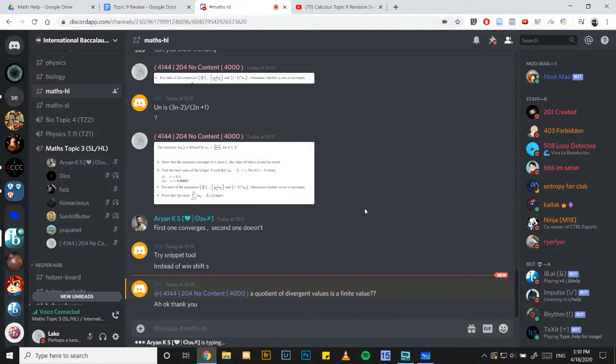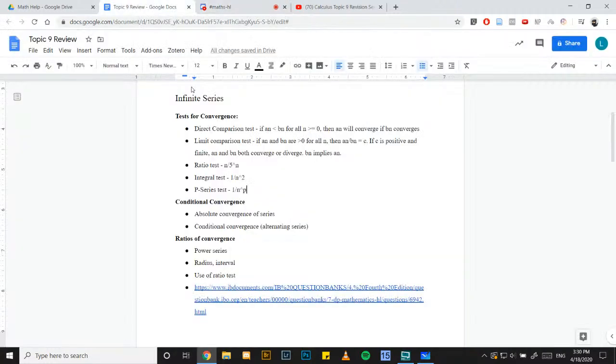But you need to show that. You need to show how everything is working out properly. You can't just guess. It's very possible that you have a quotient of divergent values that ends up with a finite value, as we just showed with L'Hopital's rule. So yeah, that's that.